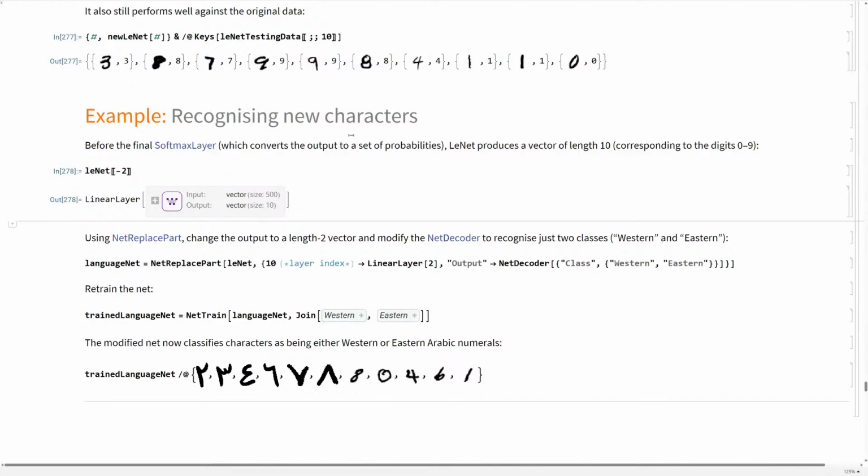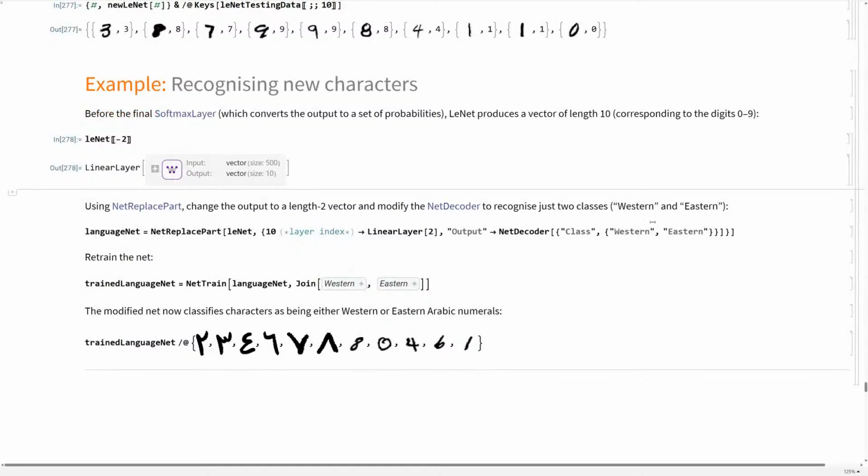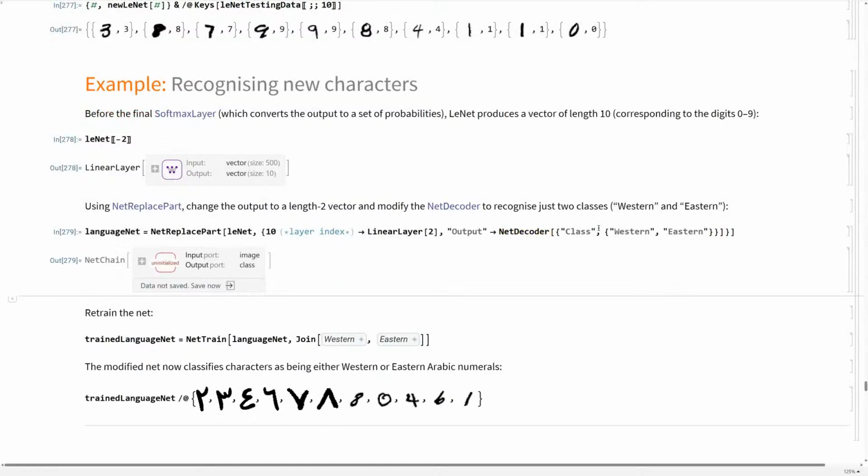Basically, we're substituting one layer of the net, and then we're giving it another instruction, saying, instead of seeing this as 1, 2, 3, 4, 5, I would like you to categorize them into Eastern and Western writing digits.